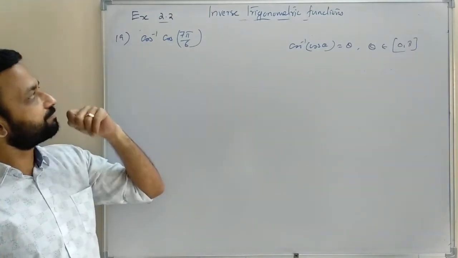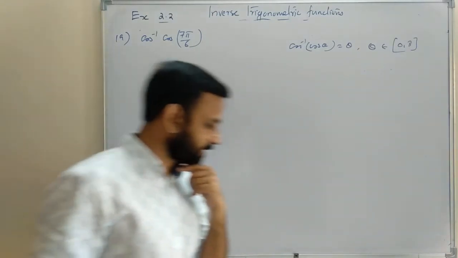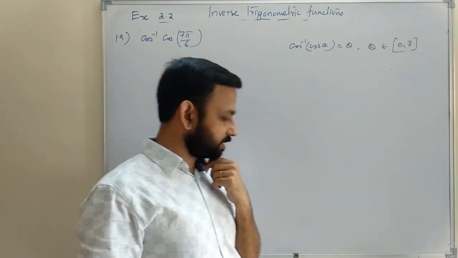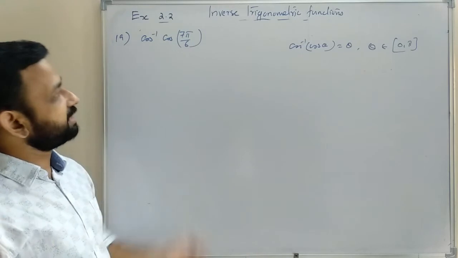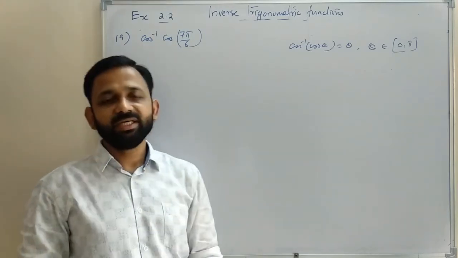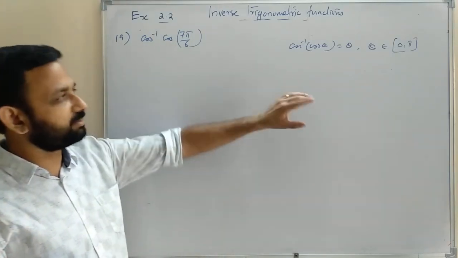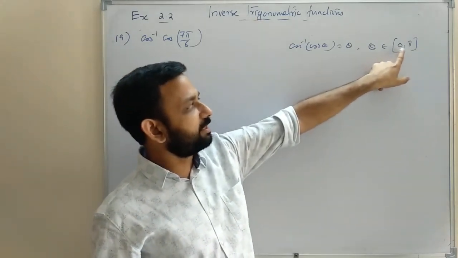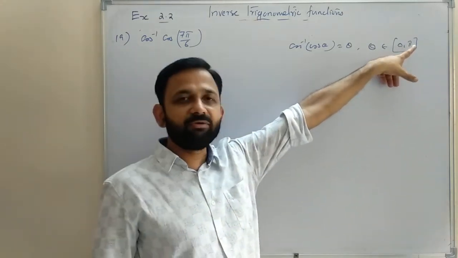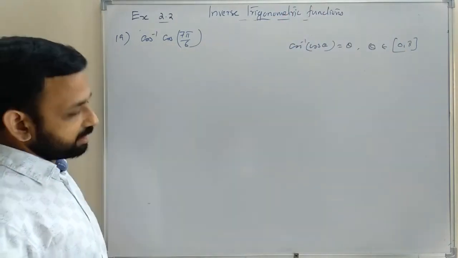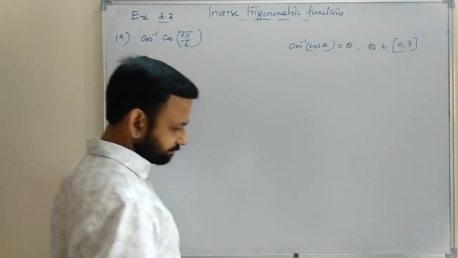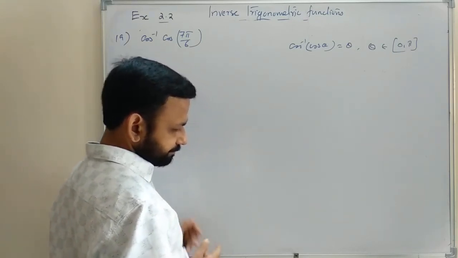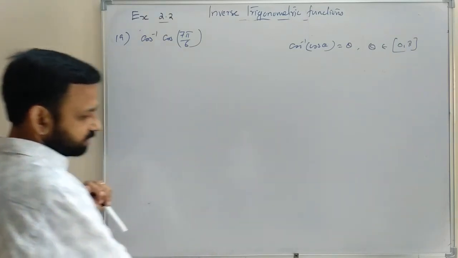Here 7 pi by 6, where pi by 6 is 30 degrees, so 7 into 30 is 210. 210 is not between 0 and 180, so we need to change this one. So we will change it.